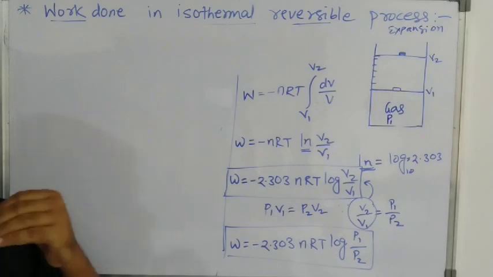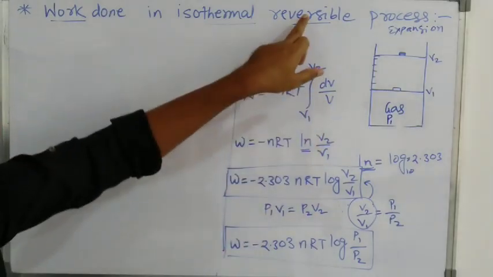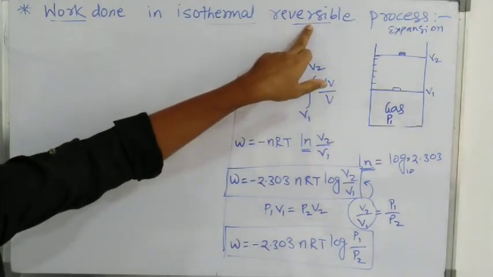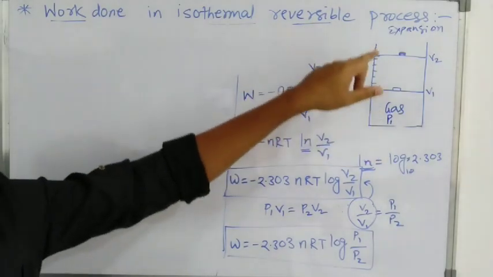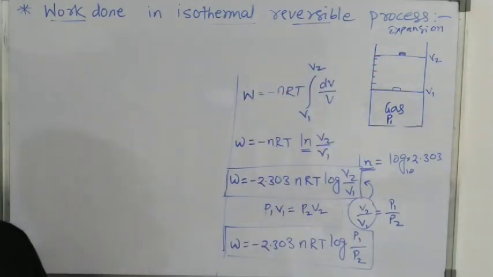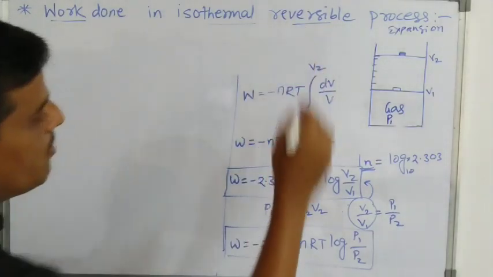That is why to perform the work in a reversible process, it requires more energy. More energy means a more amount of work is obtained during the reversible process.